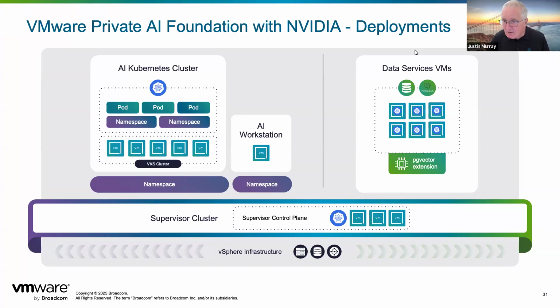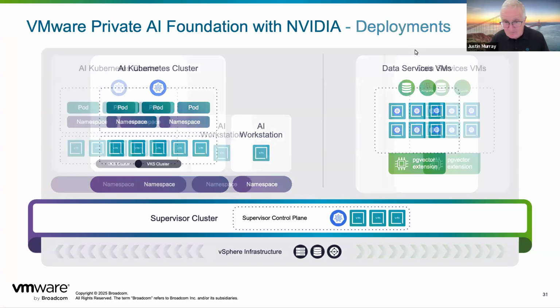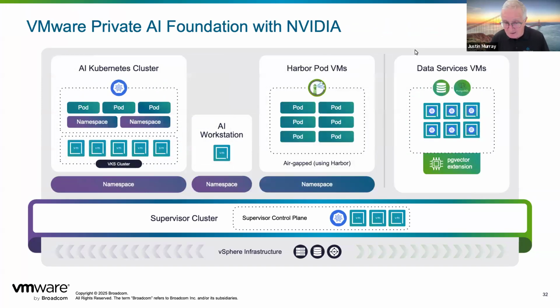We have other things also in the mix here, data services VMs, which are built using the integration between the supervisor and data services manager. Data services manager provisions the vector database that's going to be used by the left-hand clusters to do the work. And we'll see this in demo form in a second. And we also deploy Harbor.